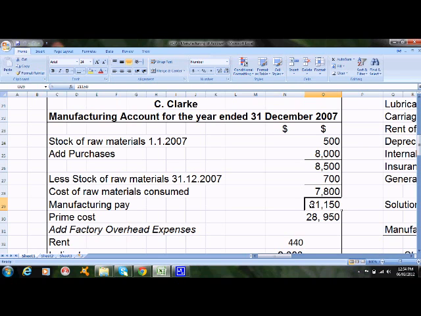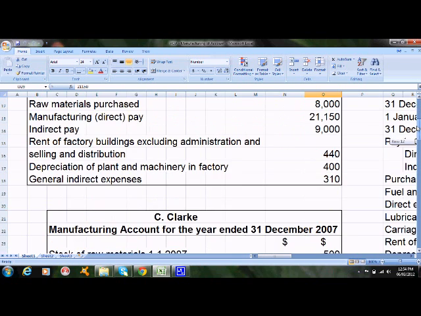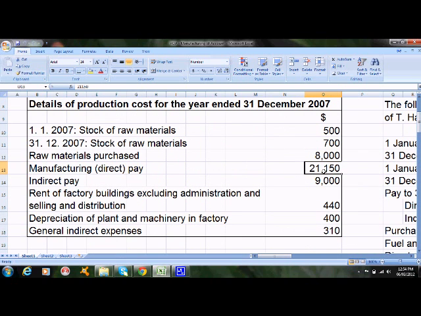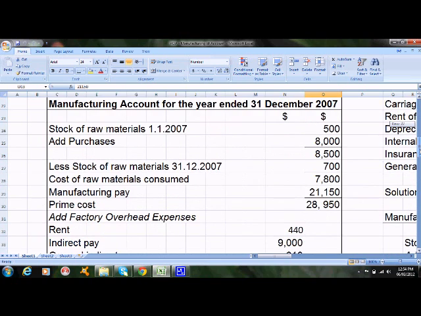So if you have something called direct pay, it comes right here. Here we have a figure of 21,150 from the top. This figure is called direct manufacturing pay, or direct pay. You carry it down right here.